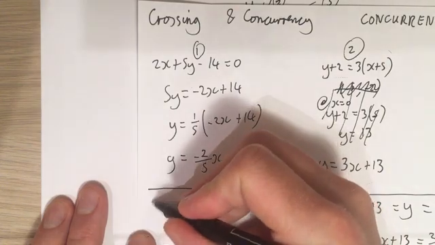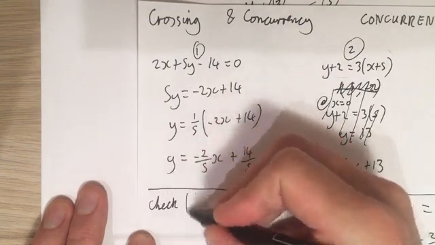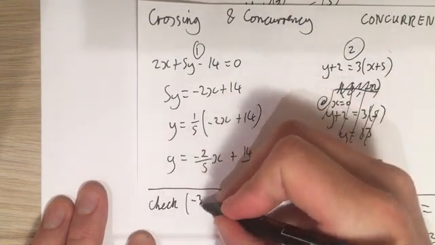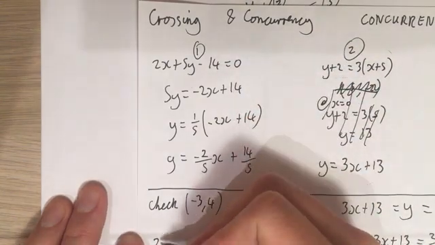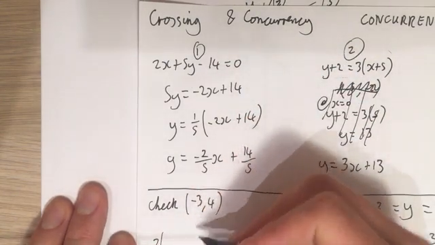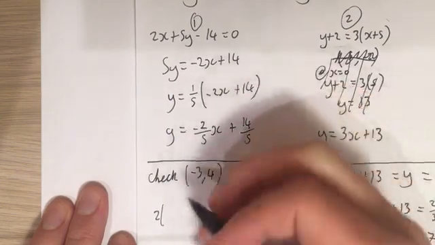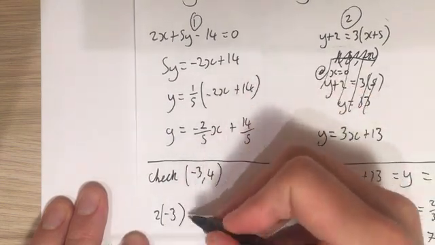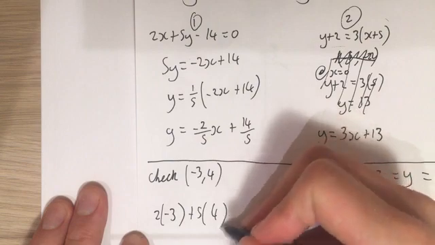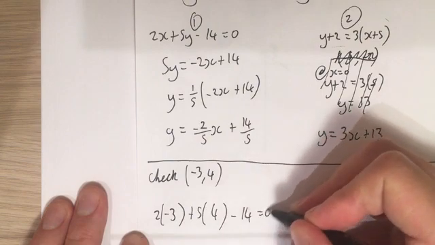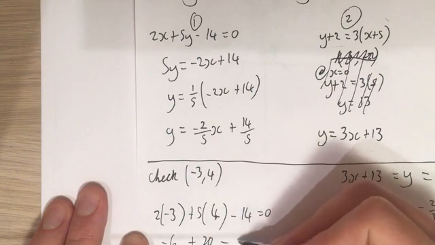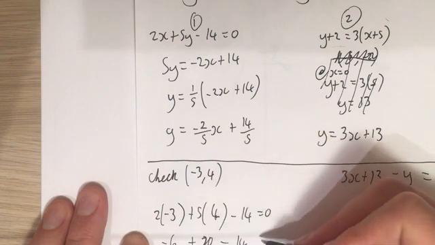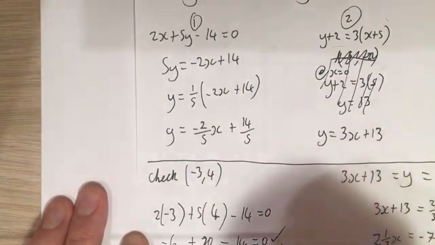So let's check the point minus 3, 4. Is that on this line as well? Well, I've got 2 lots of minus 3 plus 5 lots of 4 minus 14 equals 0. Let's see. So minus 6 plus 20 minus 14. That does indeed equal 0.